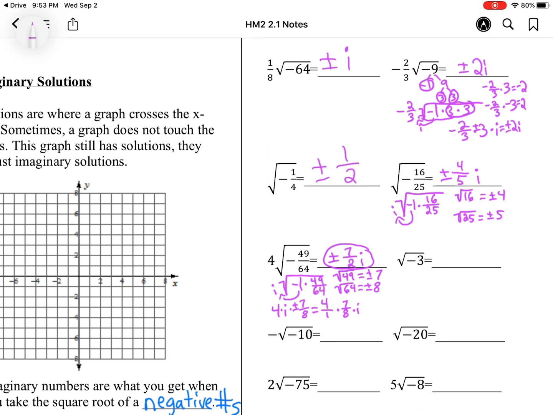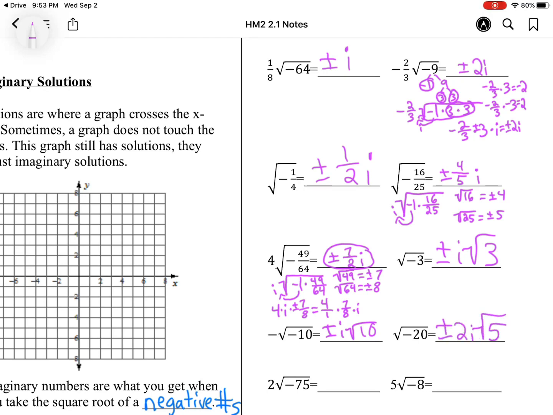Your next answer should be plus or minus 1/2 i. Next one should be plus or minus i times square root of 3. Next one should be plus or minus i times square root of 10.